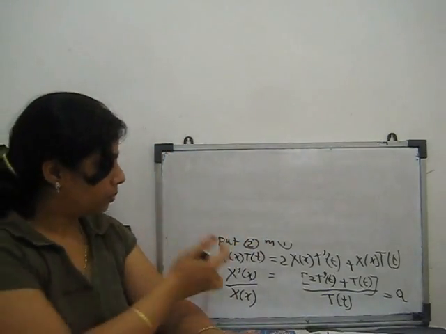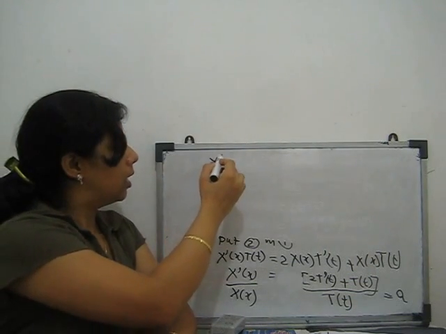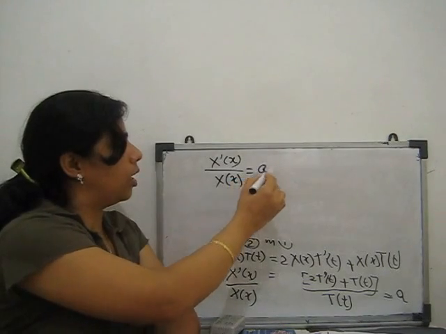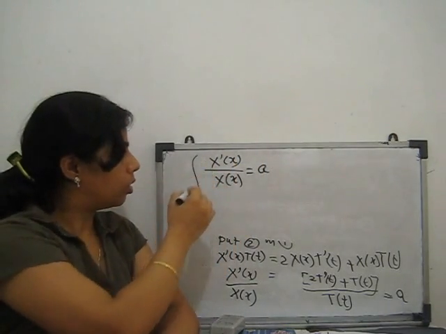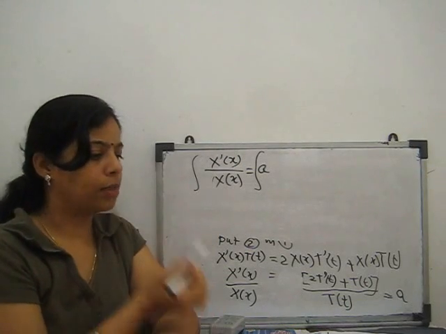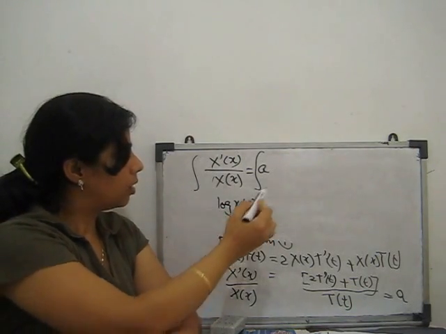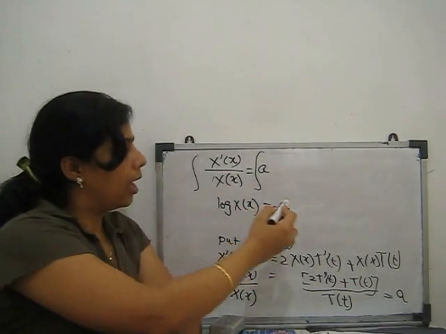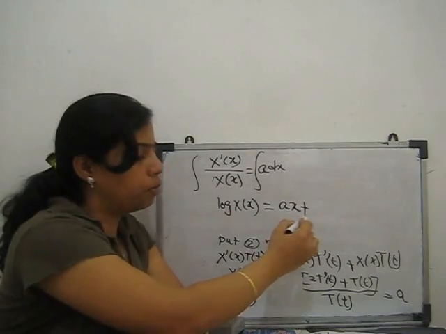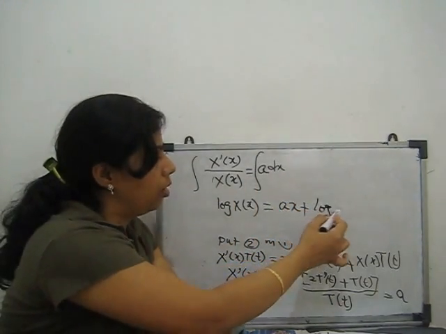So we go further. If X''/X equals a, then we have to integrate it. This is the derivative of this function, so the integration of this is log of this function equal to a integrated with respect to x. So ax plus a constant. The constant we can put in log form.